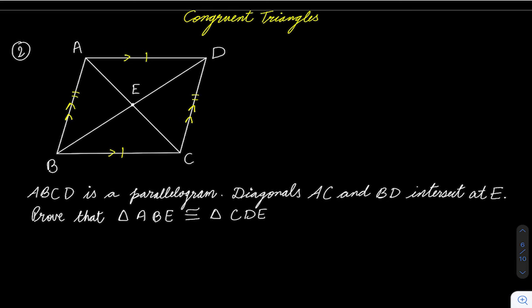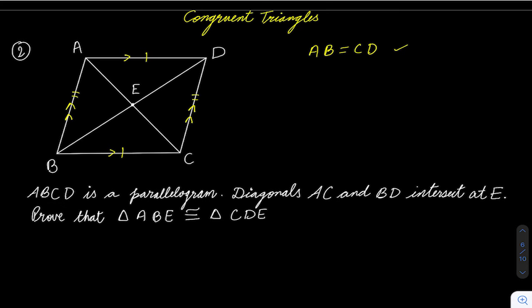Triangle ABE and triangle CDE. The first thing that I notice is that in triangles ABE and CDE, AB is equal to CD. So that is one piece of information. Very good. What else? Now AB and CD are parallel.